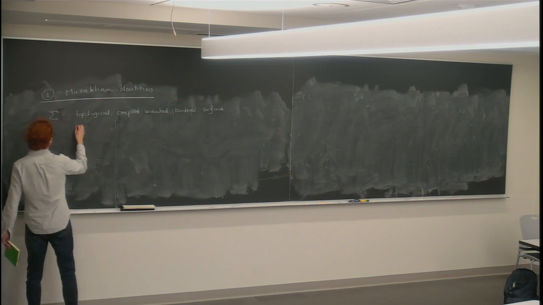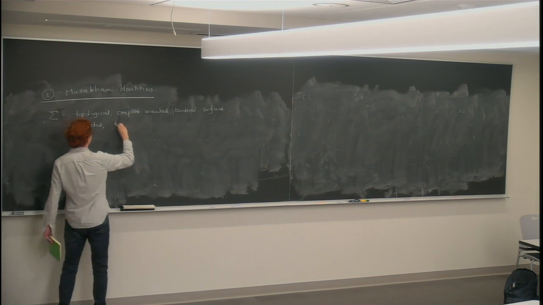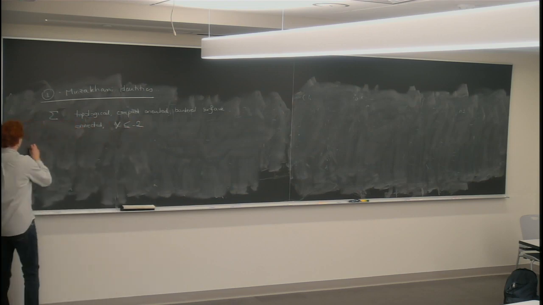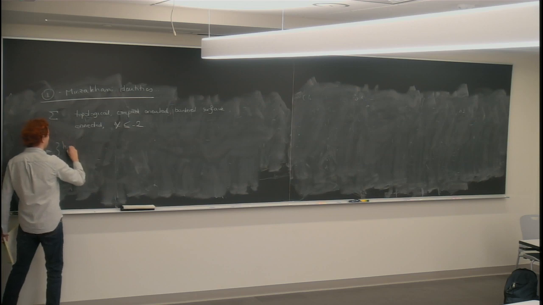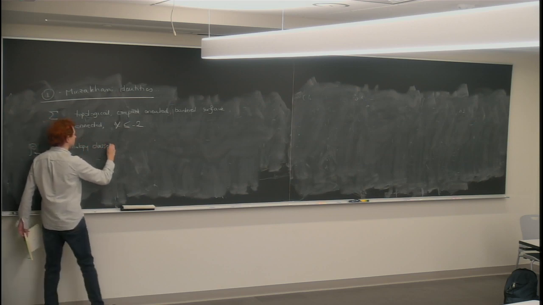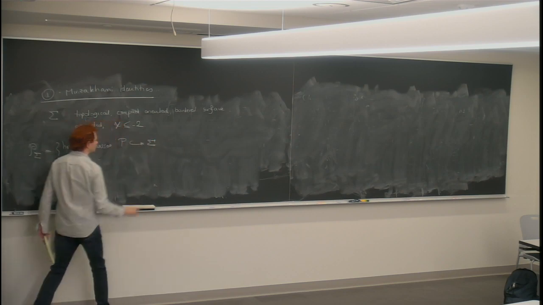Here it is connected and has Euler characteristic smaller than -2. And the basic block in Mirzakhani's identity is the set P sigma of homotopy classes of embeddings of pairs of pants in sigma.